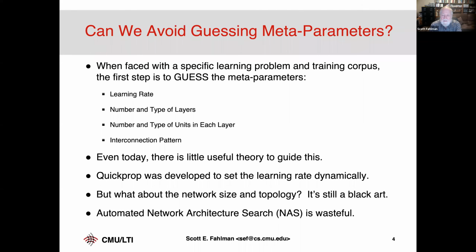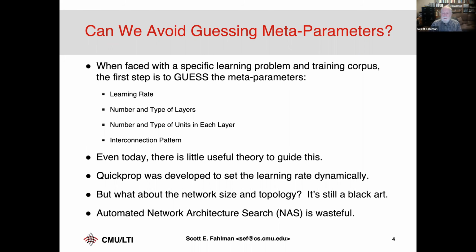And even back in 1990, it was obvious that it would be really great if we could get rid of the guessing. So the first thing I did in this area was something called QuickProp, which I understand has been at least mentioned in the class. And it's just an algorithm that does simple backprop, but it learns the learning rate dynamically for the problem at hand.